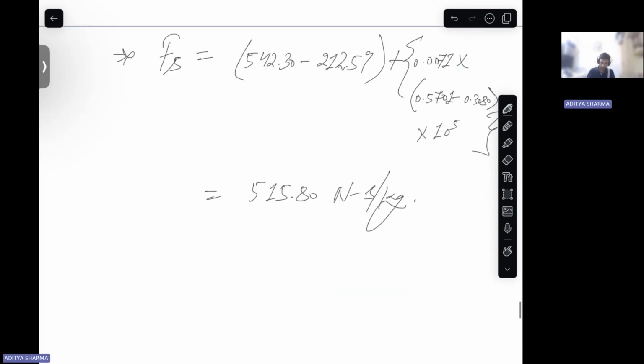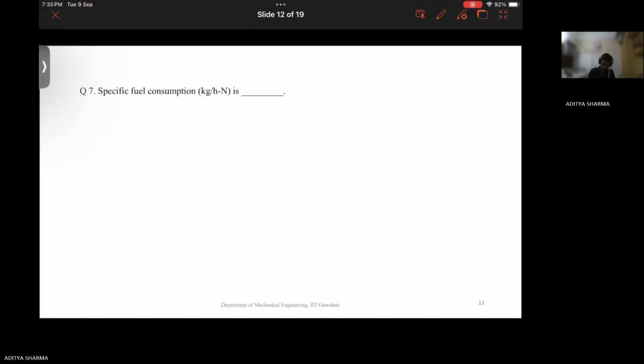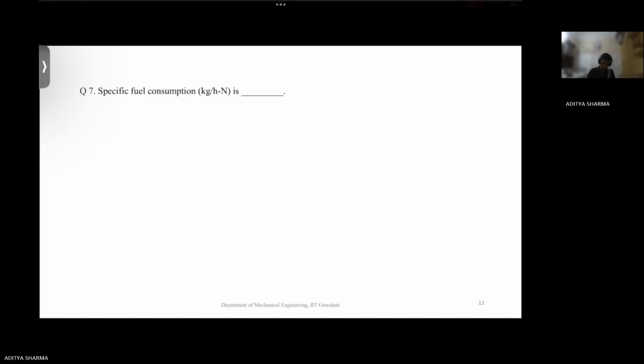Then specific fuel consumption. Next question is, so this is specific thrust 515.80 Newton second per kg. Question number 6 done, and question number 7 is specific fuel consumption.